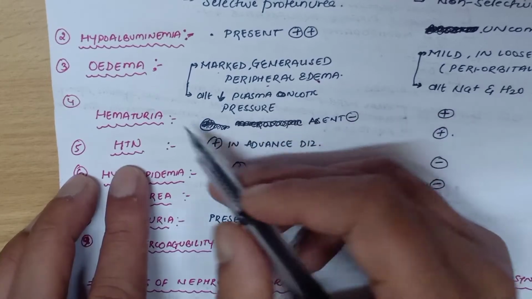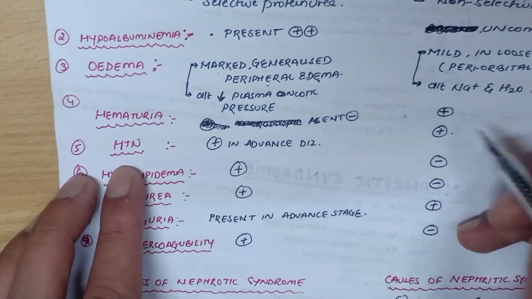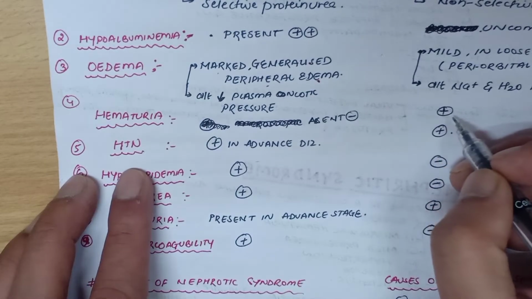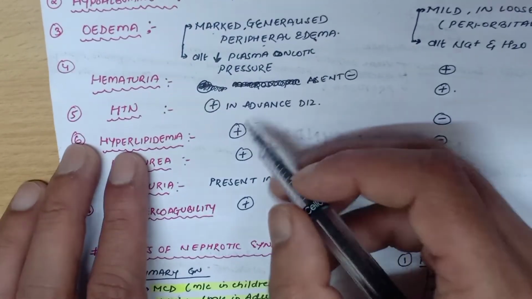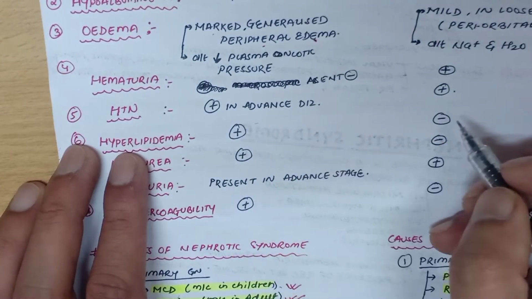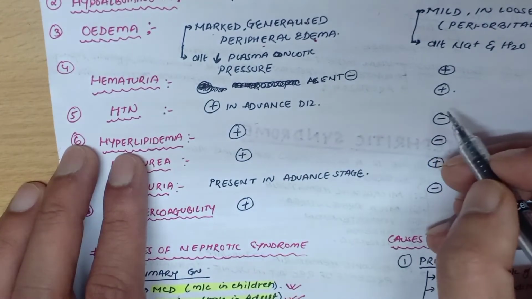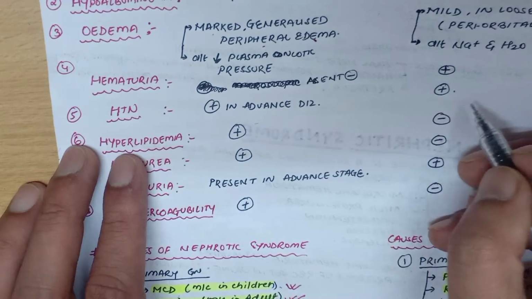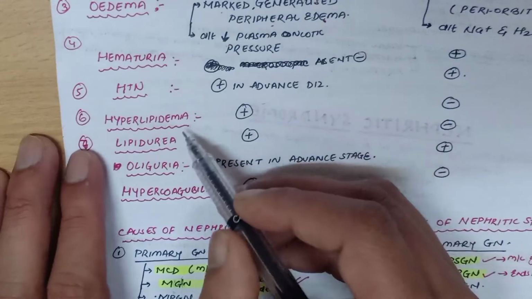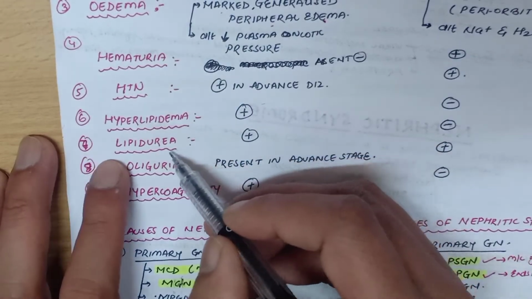In nephrotic syndrome, there is no hematuria, whereas in nephritic syndrome, you will be able to see microscopic hematuria. Hypertension in nephrotic syndrome is seen in advanced stage, whereas in nephritic syndrome, you will generally see mild hypertension. In nephrotic syndrome, you will be able to see hyperlipidemia, which will result in lipiduria.